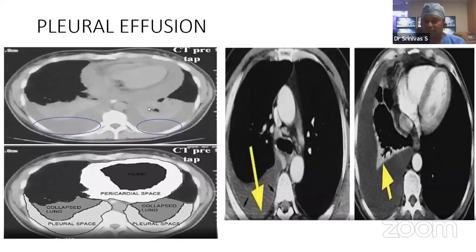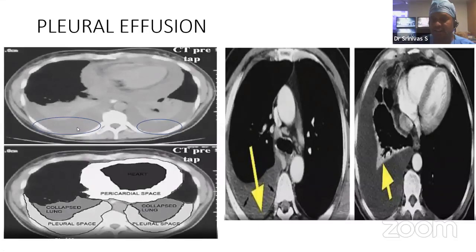So what is pleural effusion? Here you can see light gray and dark gray structures. The light gray structure is usually due to collapsed lung, and these dark gray structures are because of the fluid-filled spaces.